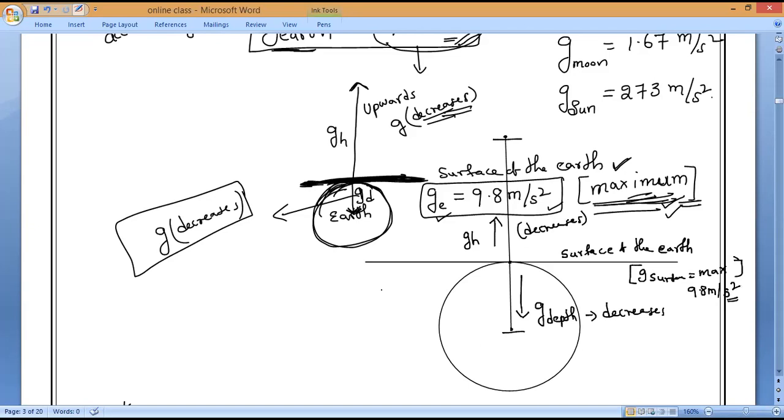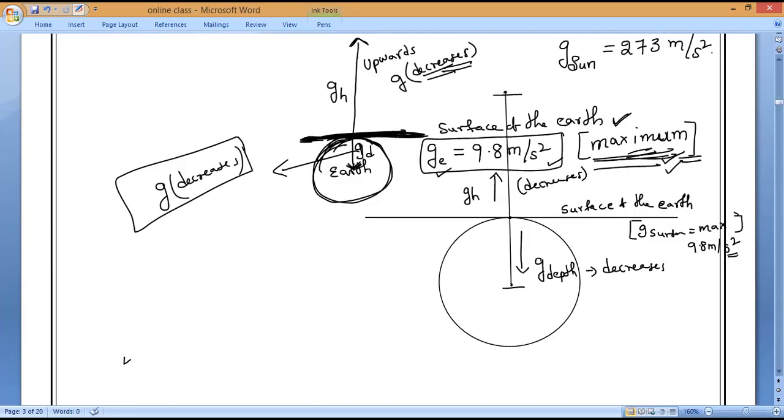Okay. Till where have you written the statement? Tell me, Mitakshri. The value of acceleration due to gravity is maximum on the surface of the earth.